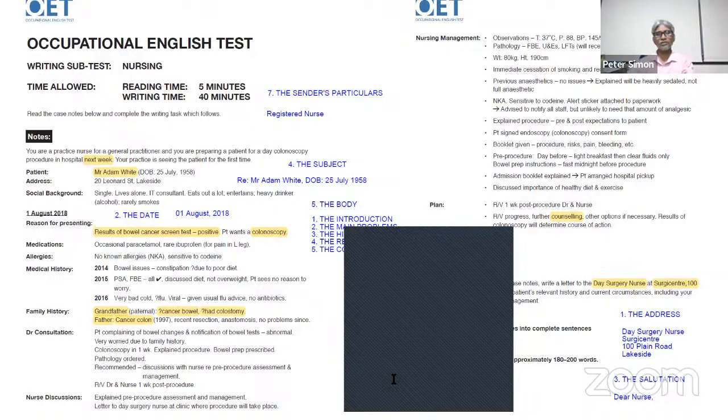Yeah, what about the others? Their practice is seeing the patient for the first time.